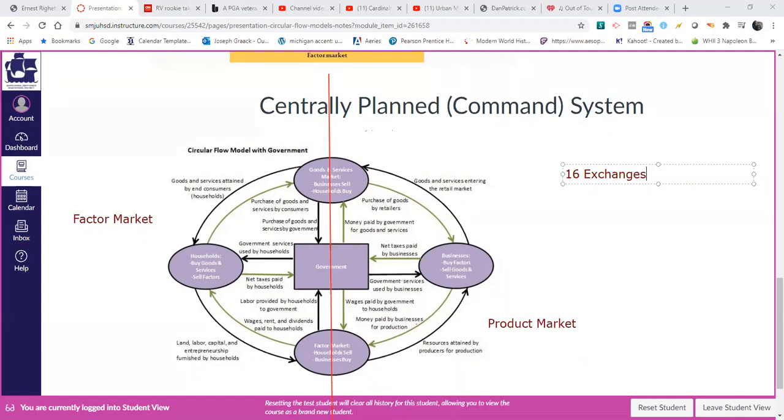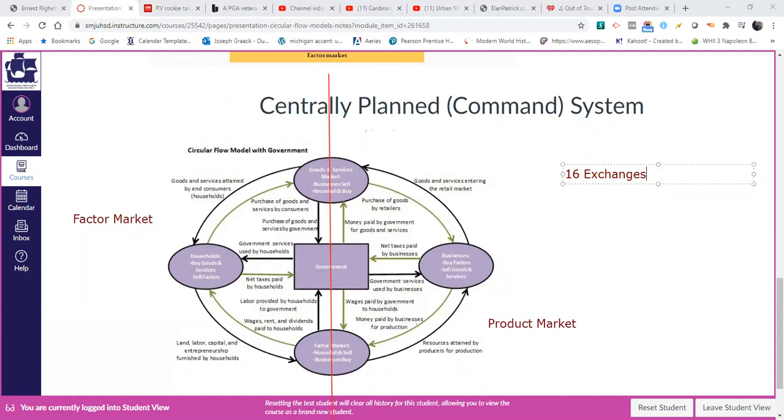You have net taxes paid by households, government services used by businesses, which are paid for by those taxes. And then as you move forward, the wages, rent, dividends paid to households, wages paid by government to households, money paid by businesses for production. Everything that we have going on, the government has a say in that instance.